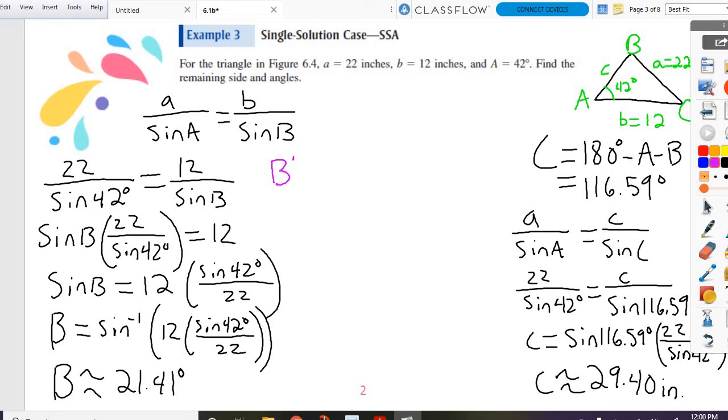Alright, so we're going to take 180 degrees and subtract big B. And what do we get? 158.59 degrees.